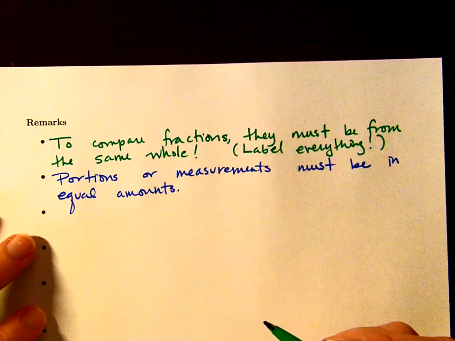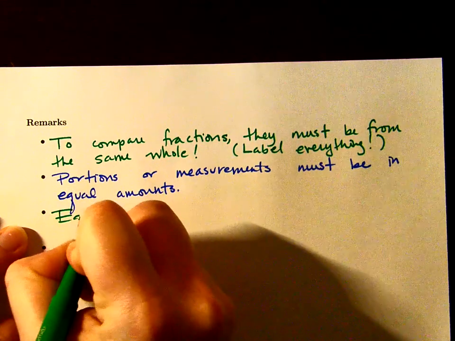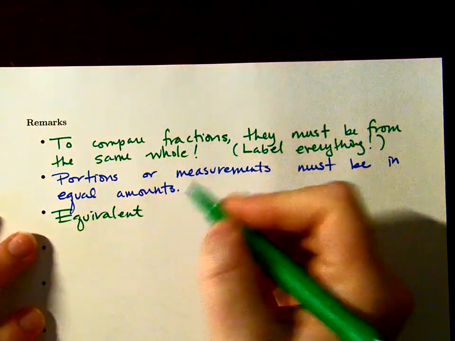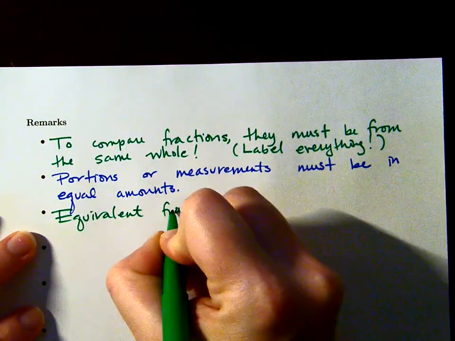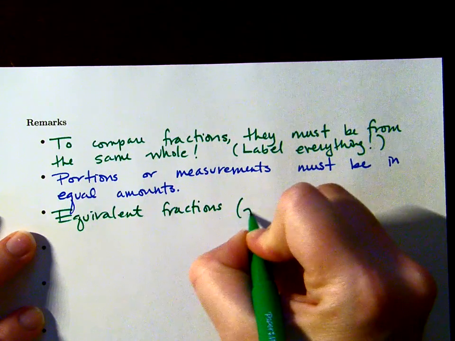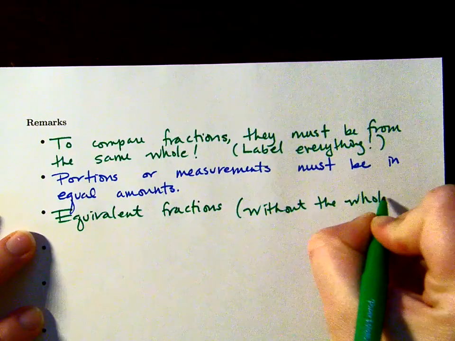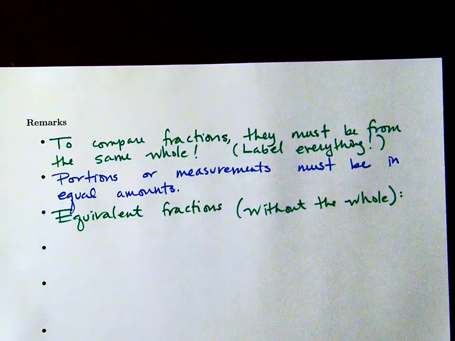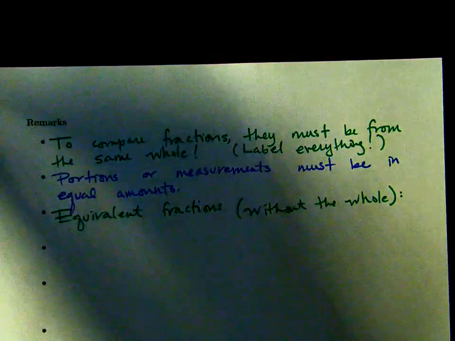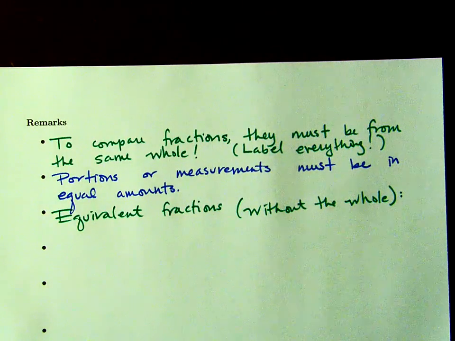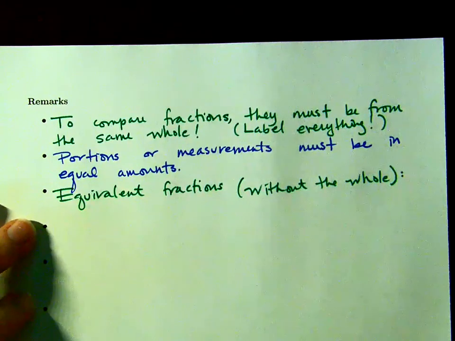Equivalent fractions without the whole. So let's remark on that quick. Okay. At some point, you have to get to the level where you are going to be quick about the fact that you're just going to write equivalent fractions and not have to draw an image and actually measure it out.